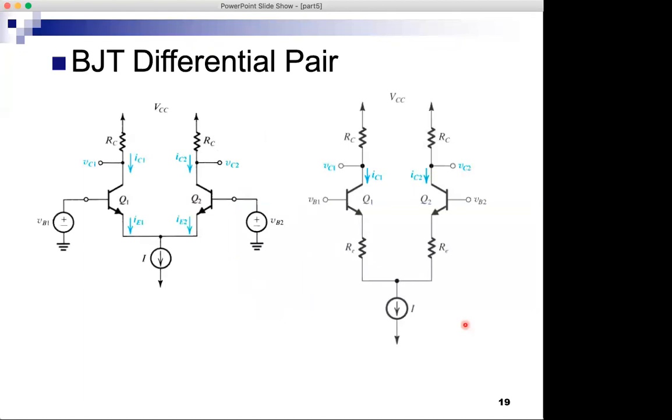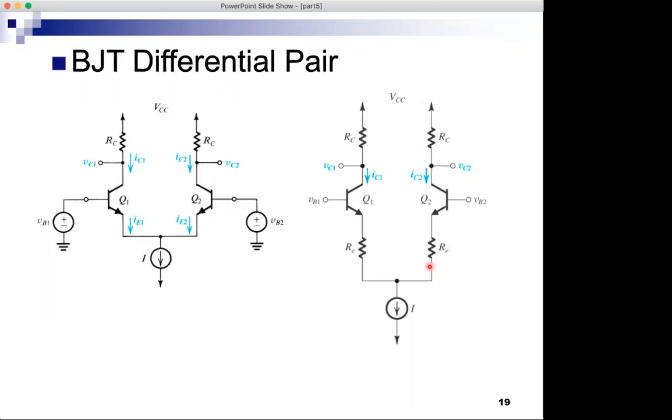Before we show the small signal equivalent model, that's not what we get when we do small signal analysis. Actually, this is a circuit with a modification of this one, and the modification is adding this RE here. So this is the original one without the RE, and this is the modified one with the RE. The reason we add this RE is two things actually.